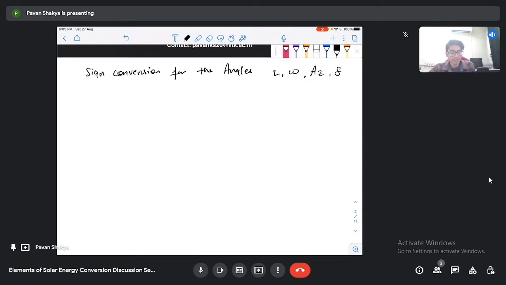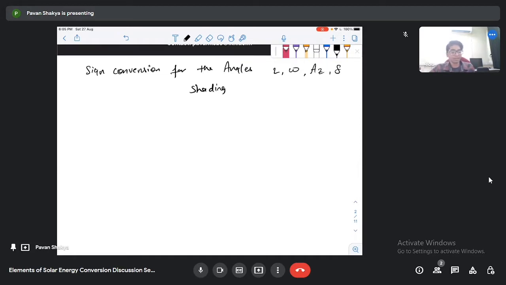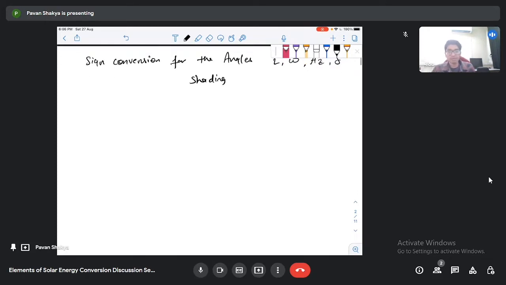Also, I started the topic of shading in the last class, where I solved one problem. So today I will show you more problems on shading, and after that, if time allows, we will see how we can measure solar radiation. Okay, so I will continue this session by discussing shading.